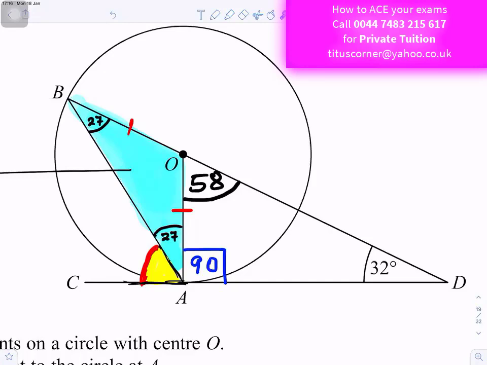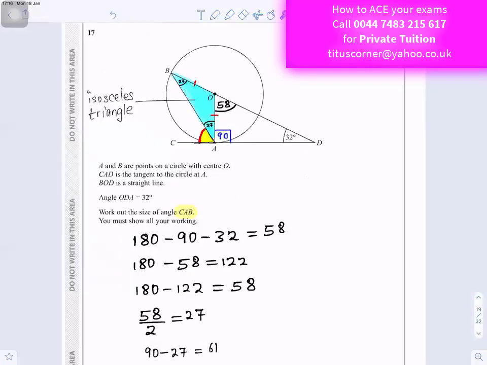And from there, we would have, this is 90. 90 minus that angle will give us the yellow angle, which we're looking for. So you would write 180 minus 90 minus 32 will give you 58. 180 minus 58 will give you 122, which is that angle in there. And then 180 minus 122 will give you 58 again.